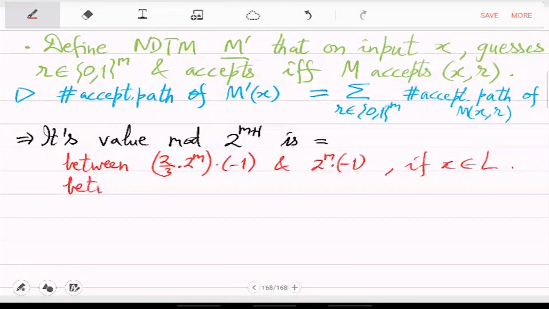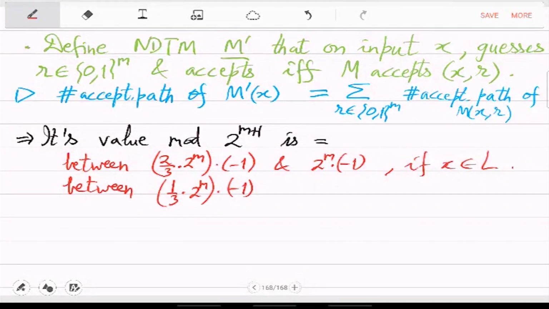Otherwise, no more than 1/3 of r's can give you -1. So 1/3 of 2 raised to m give you -1. The remaining give 0.